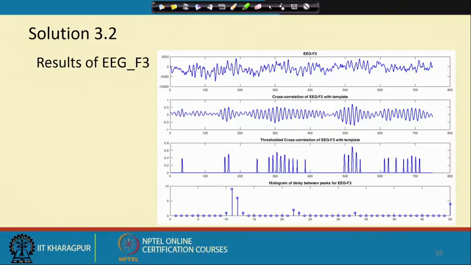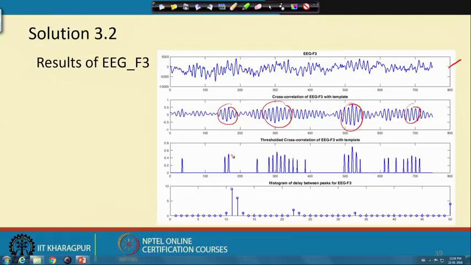So, first we go through the output of the F3. The signal is not very clean, but time to time alpha is there. That is depicted by the correlation, that high value of the correlation coefficient is suggesting that. Okay.